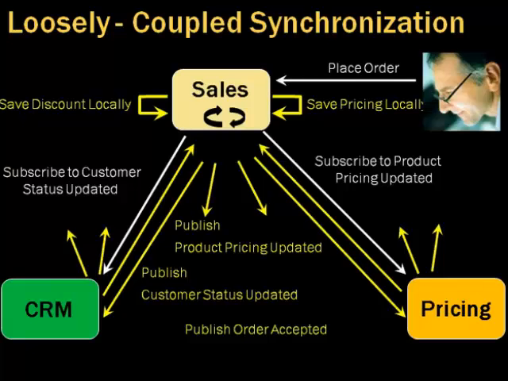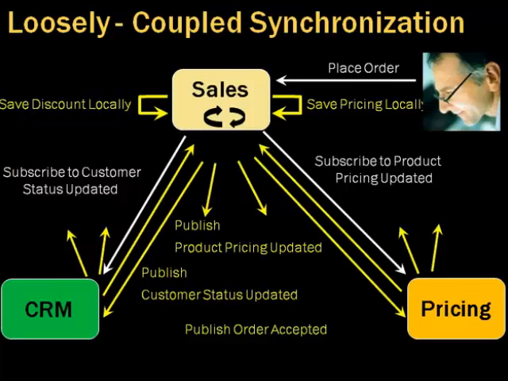So let's take a look at the example that we had before and step through the kind of loosely coupled synchronization that would happen between these services that are, so far, fairly autonomous. One of the things that we want to know about in sales is what kind of discount we should be giving a customer.